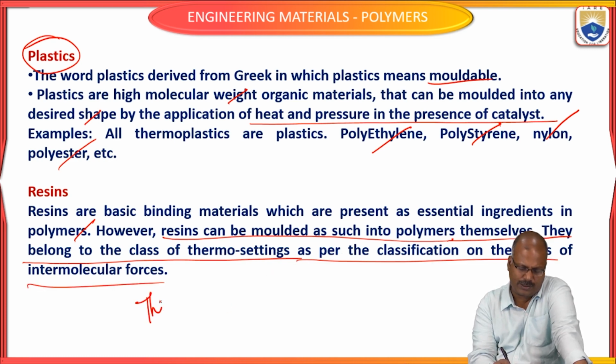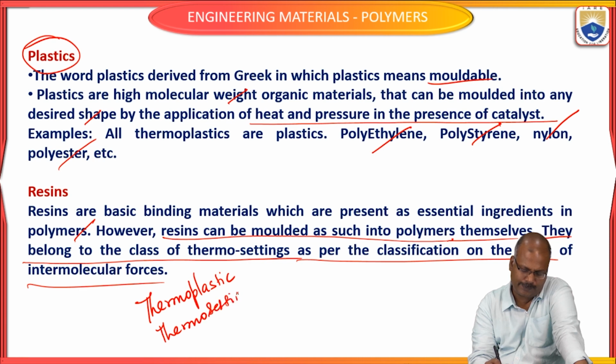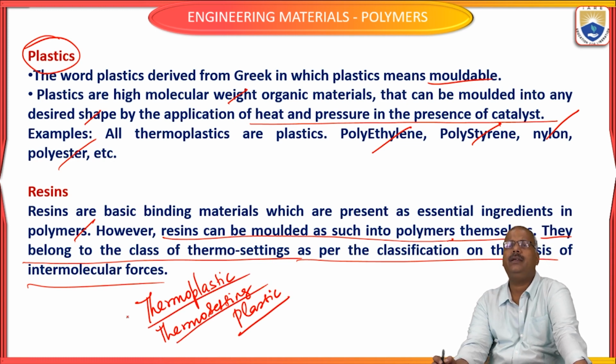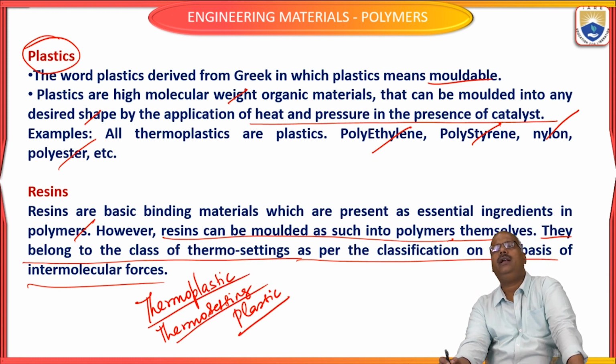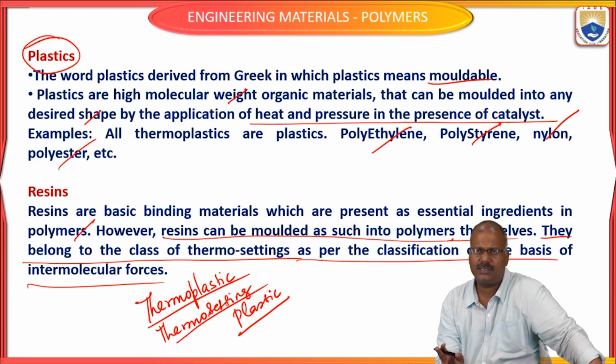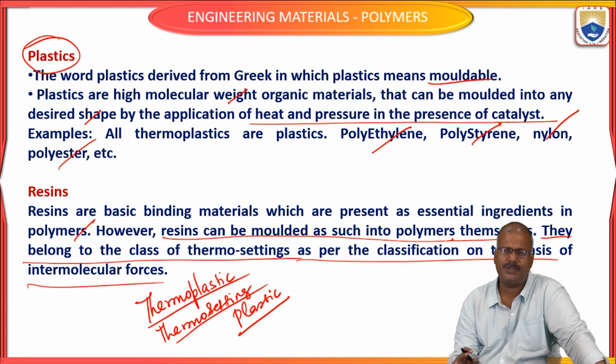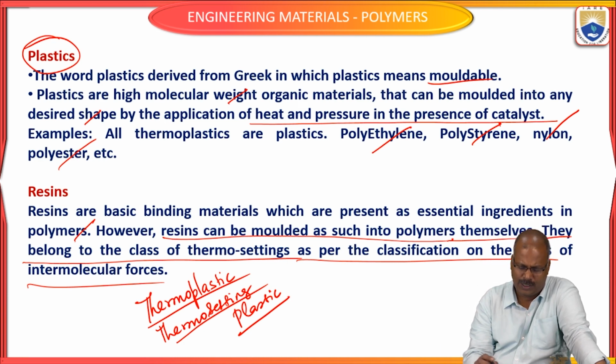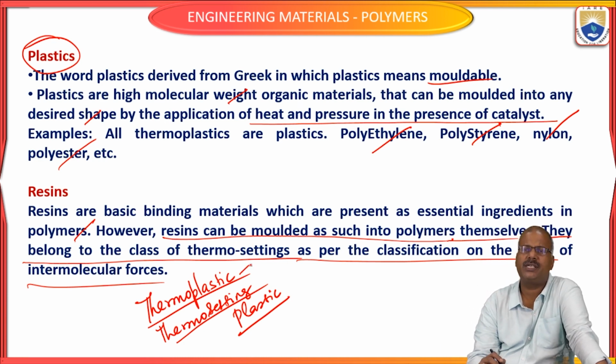So we have seen intermolecular forces, thermoplastic and thermosetting plastic. We have also seen that thermoplastic can be softened on heating and it regains its same shape when you cool it. It is all physical changes, so it is recyclable and moldable again and again.